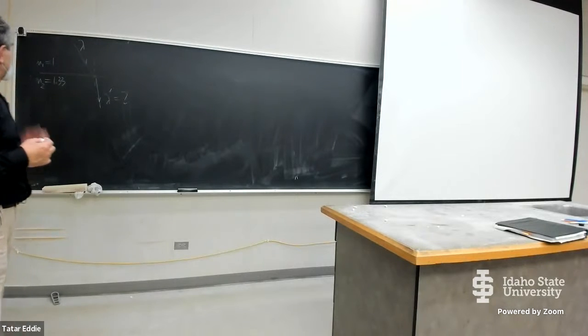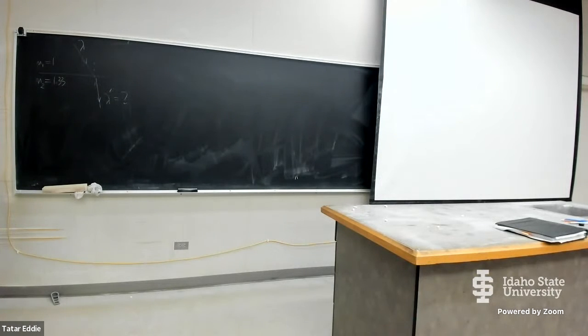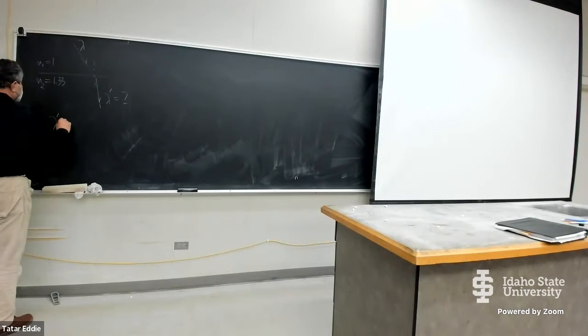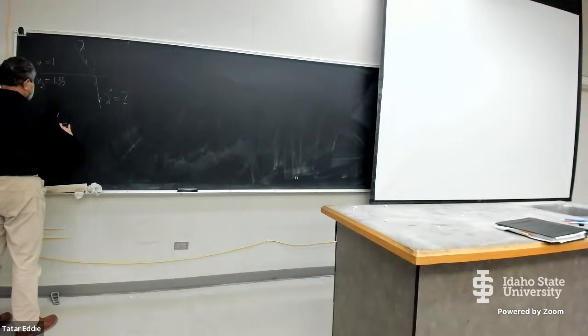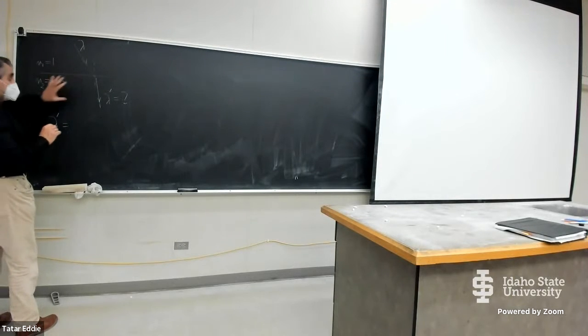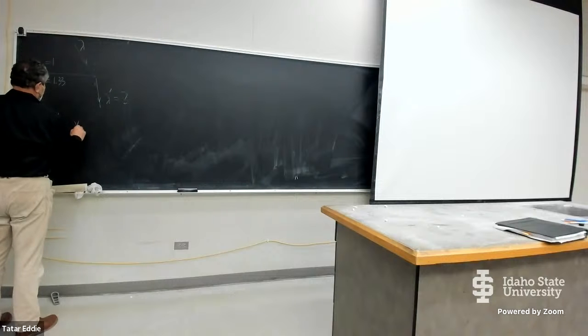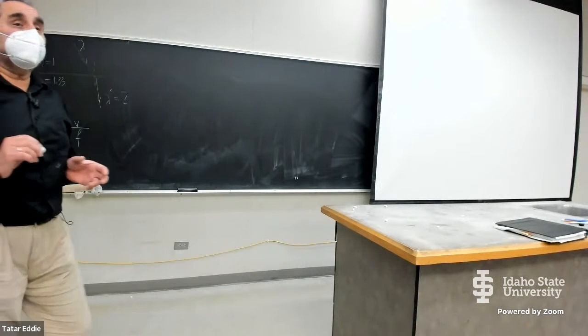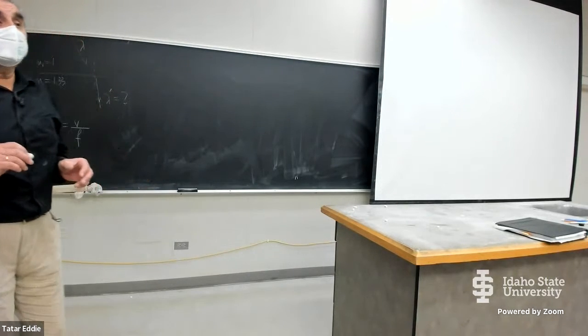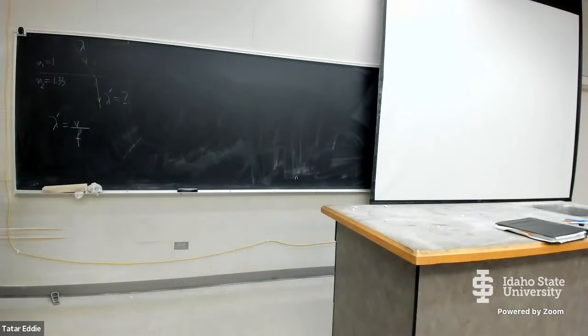So look, the wavelength lambda prime, by definition, is proportional to the speed of light in that material divided by the frequency of the light. So what I want you to remember and keep in mind is that no matter where the light propagates, the frequency doesn't change.